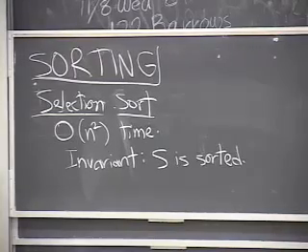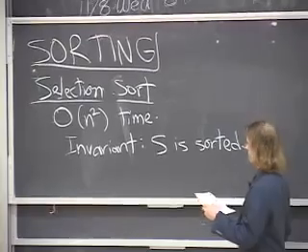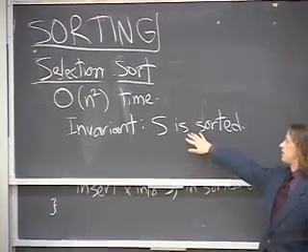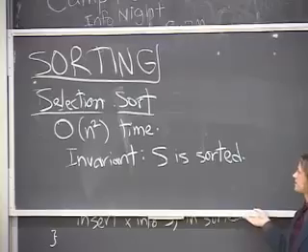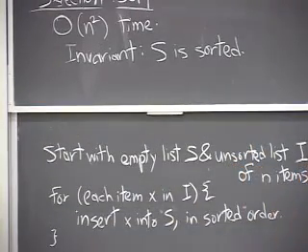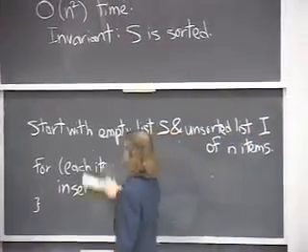But it's going to lead to better things, so it's worth studying. And it's also very simple. Selection sort, just like insertion sort, maintains the invariant that we have a sorted list S, and we start with an unsorted list I. So this first line is the same. The rest of it changes.